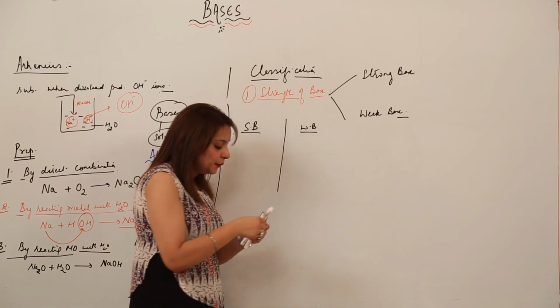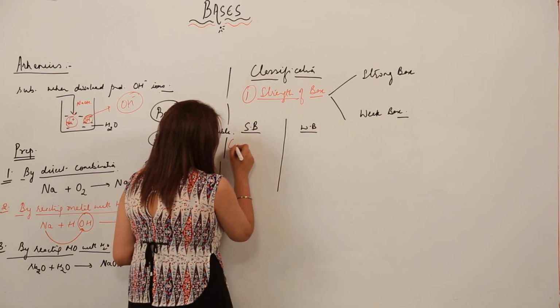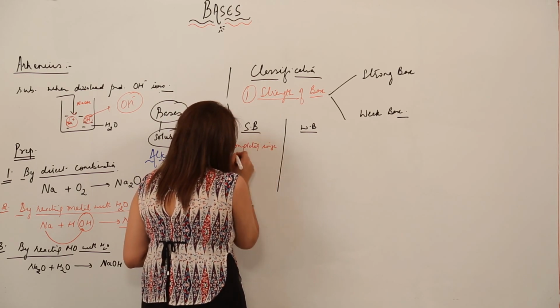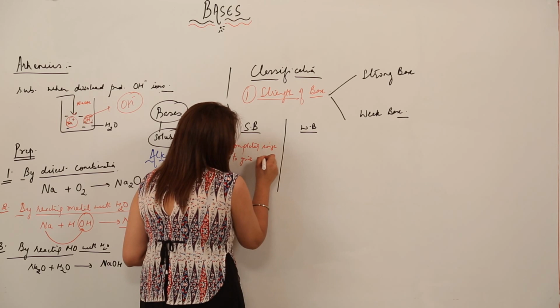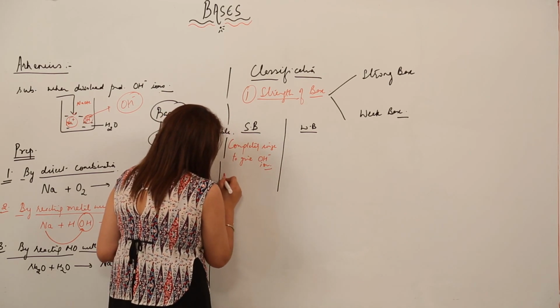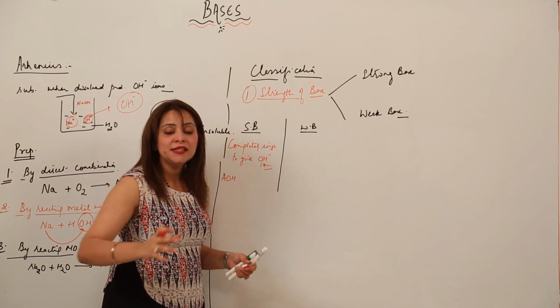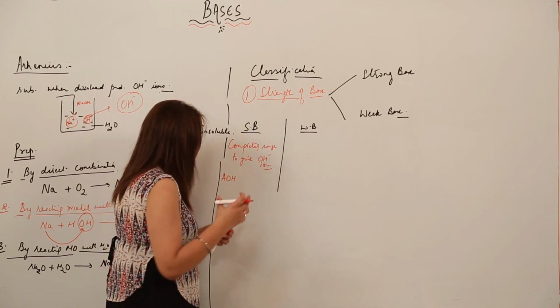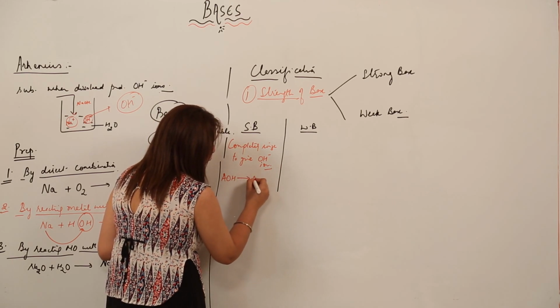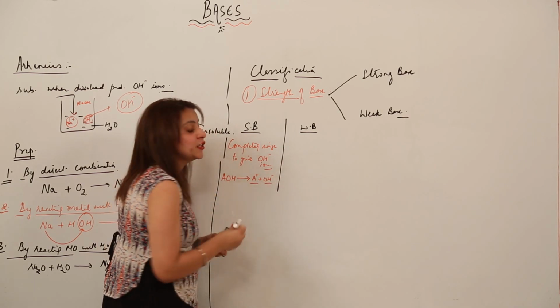So strong base is something which completely dissociates, or you can say ionizes, to give all its hydroxide ions. For example, if I have this hydroxide AOH and it acts as a strong base, how can I show it? That means it will get fully dissociated, producing A positive and OH negative ion.